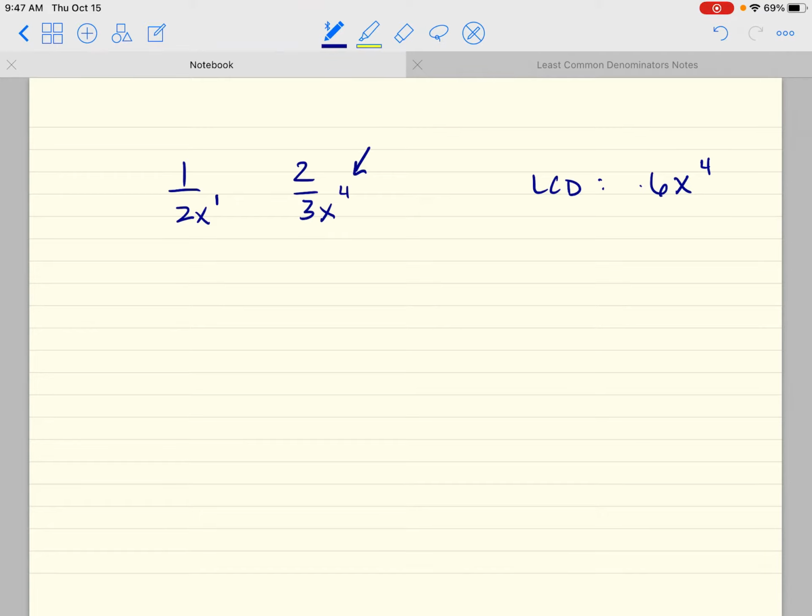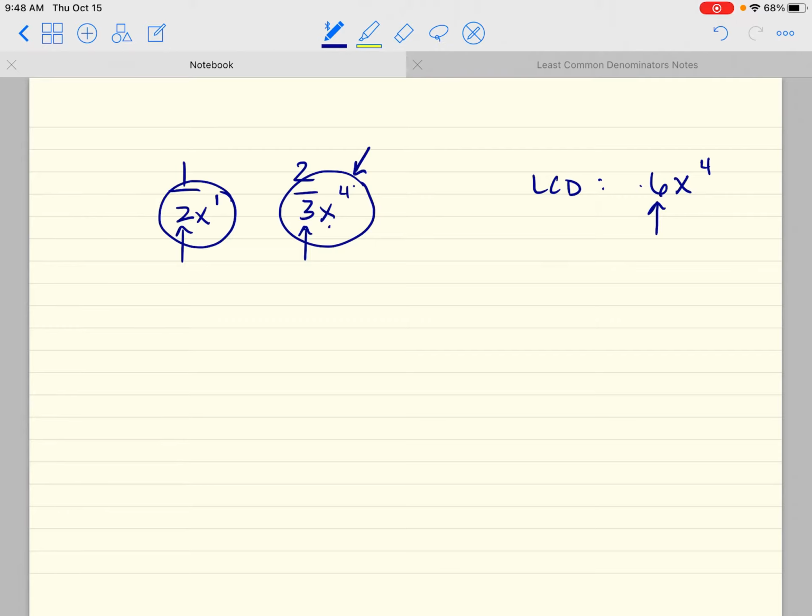So we're going to start by looking at these, what we call single terms, these monomials. And we want the smallest number the coefficients divide into. So in this case, the smallest number 2 and 3 go into is 6, just like if we were finding a common denominator for normal fractions. And then as far as the variables go, we're just going to take any variables and their largest exponents.